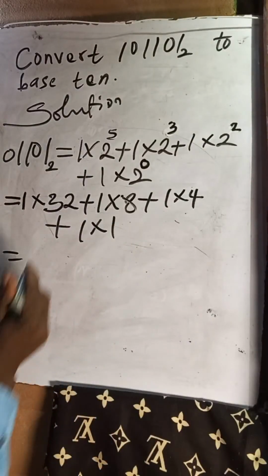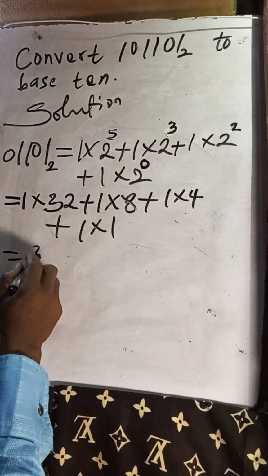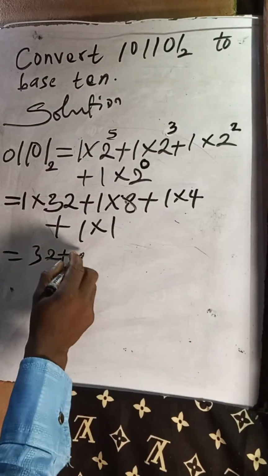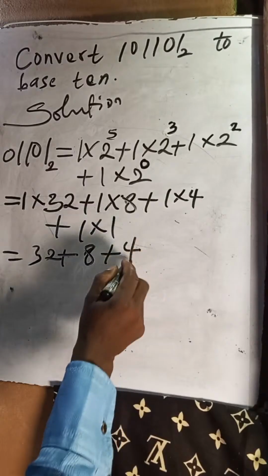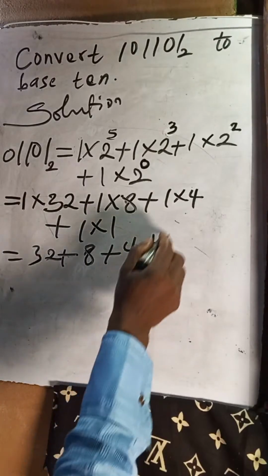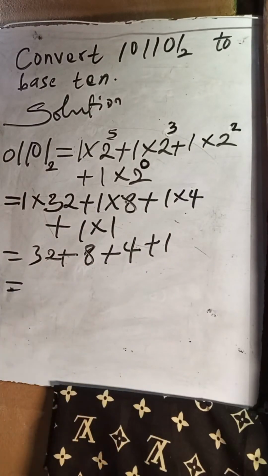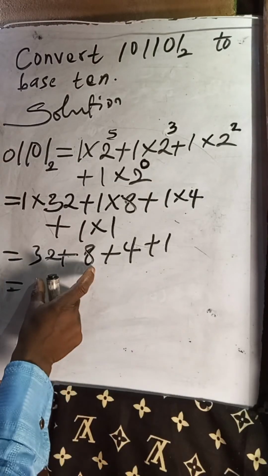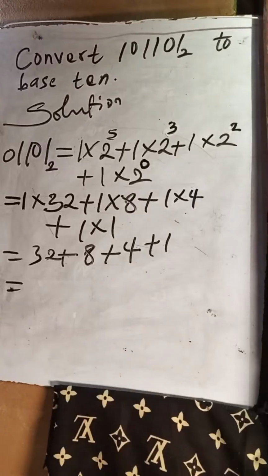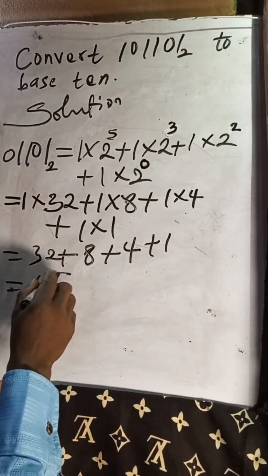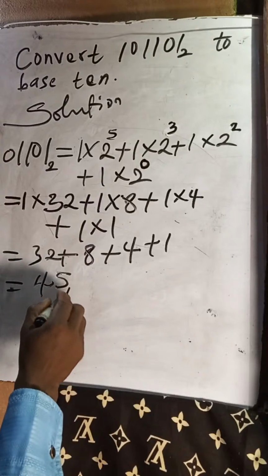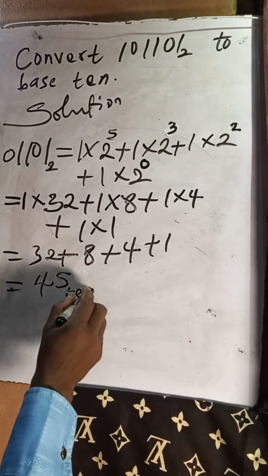So this gives 32 plus 8, then plus 4, then plus 1. So finally, we can get our answer, right? 32 plus 8 is 40, and this is 45. So our answer is 45 in base 10.